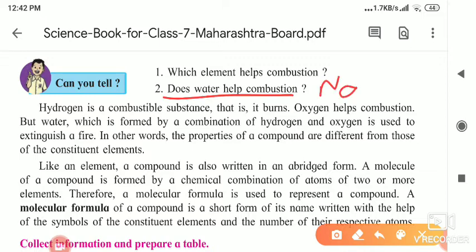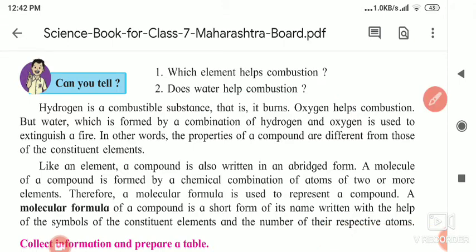You know that whenever a fire starts because of wood or any other substance, we extinguish that fire. If the fire is not because of electricity, then we can put out this kind of fire by using water. Means water doesn't help for burning.